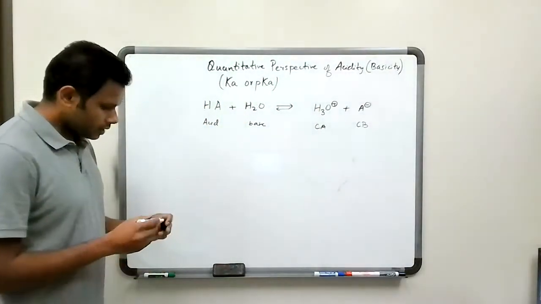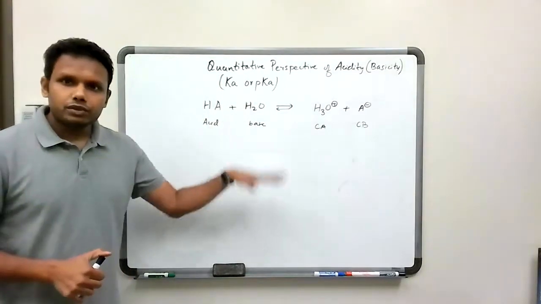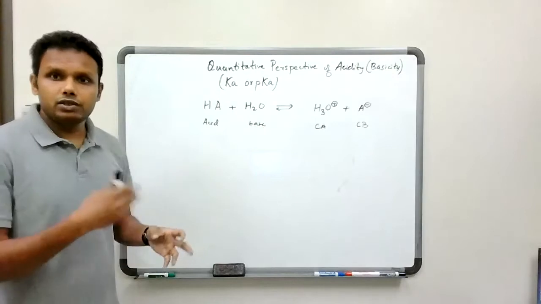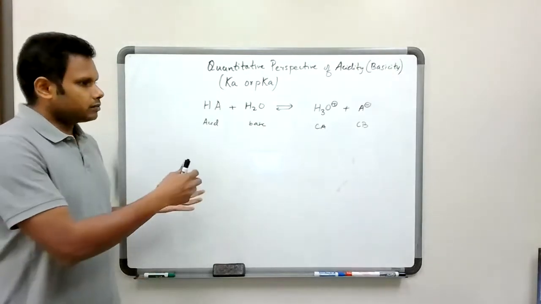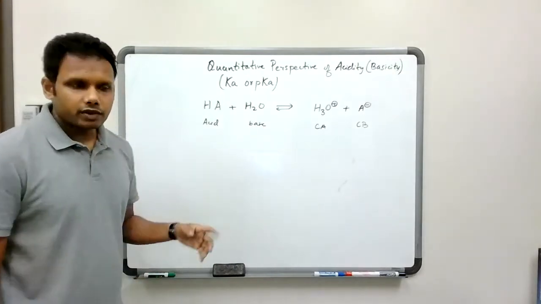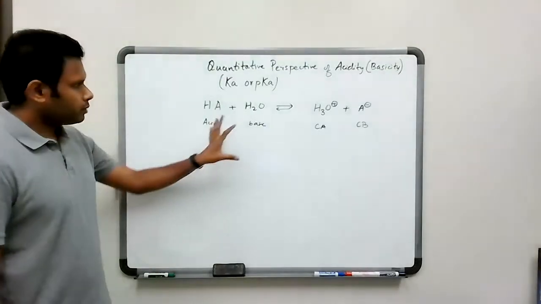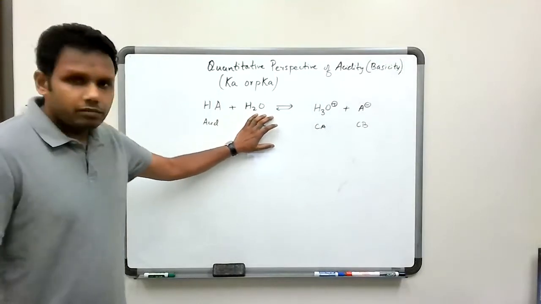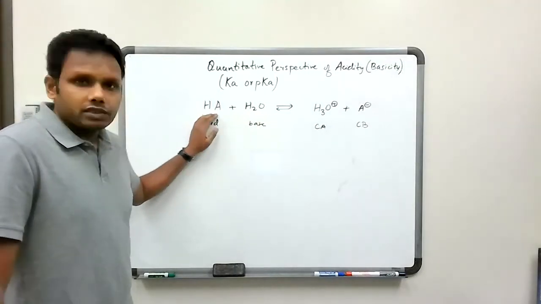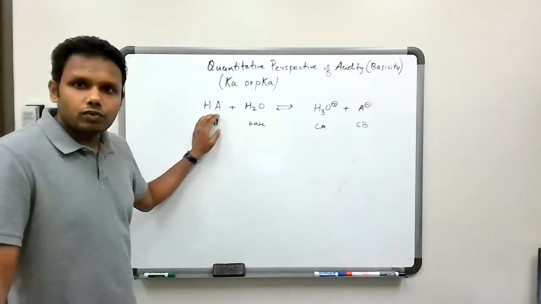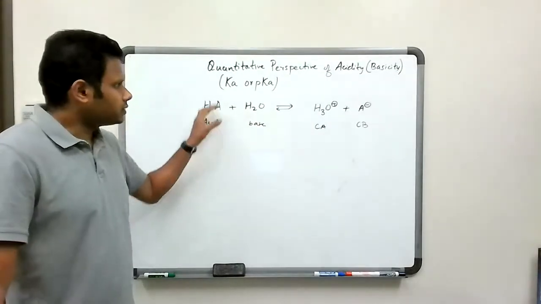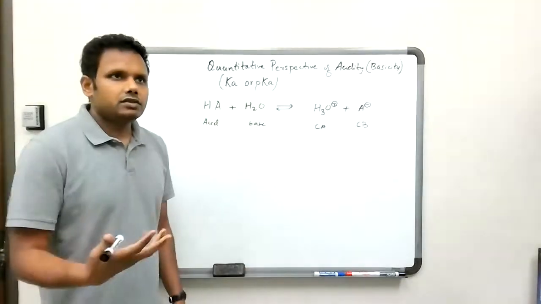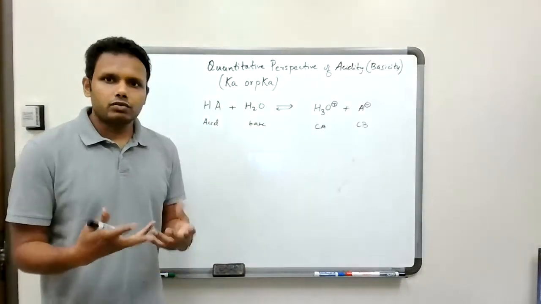Now, even before we jump into the equation, into some of the derivation here, which again, you will not be required to solve for anything, but it's more of an understanding. If we look at this scheme, as I've defined it, HA is an acid, and it's reacting with water as a base. So if HA is a strong acid, what would it do?